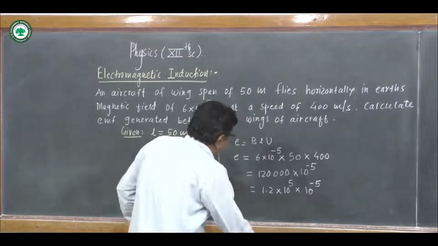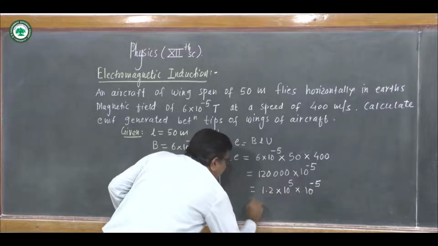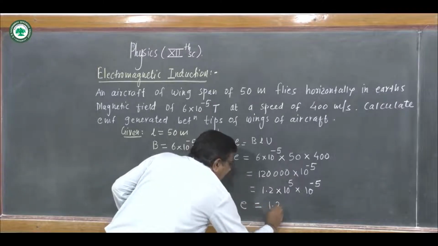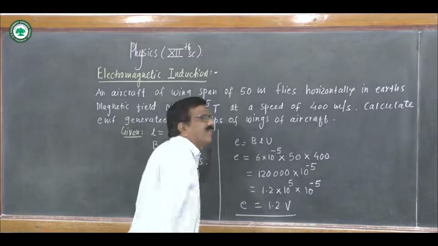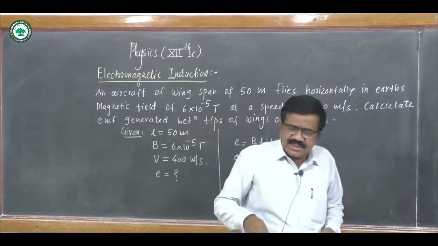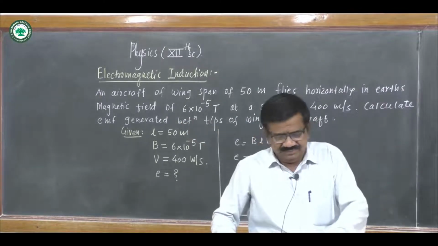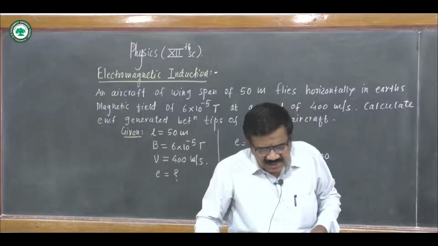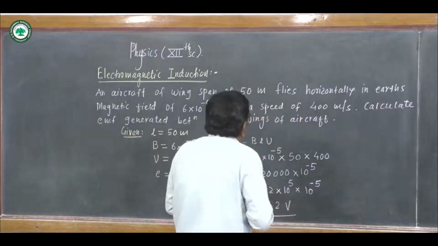That is 10 raised to 0, and we know it is 1. So this EMF is 1.2 volt. Our answer is EMF is 1.2 volt. Very simple problem. It carries 2 marks.